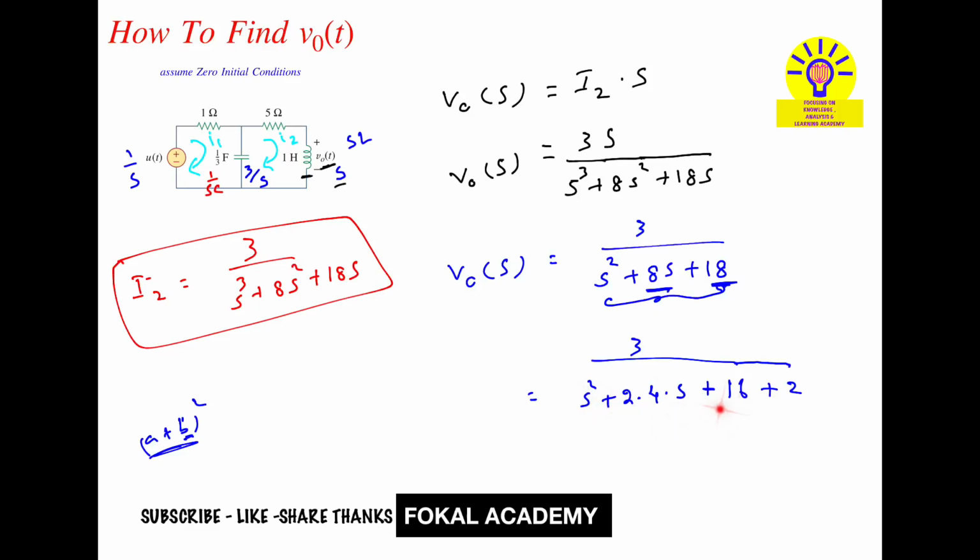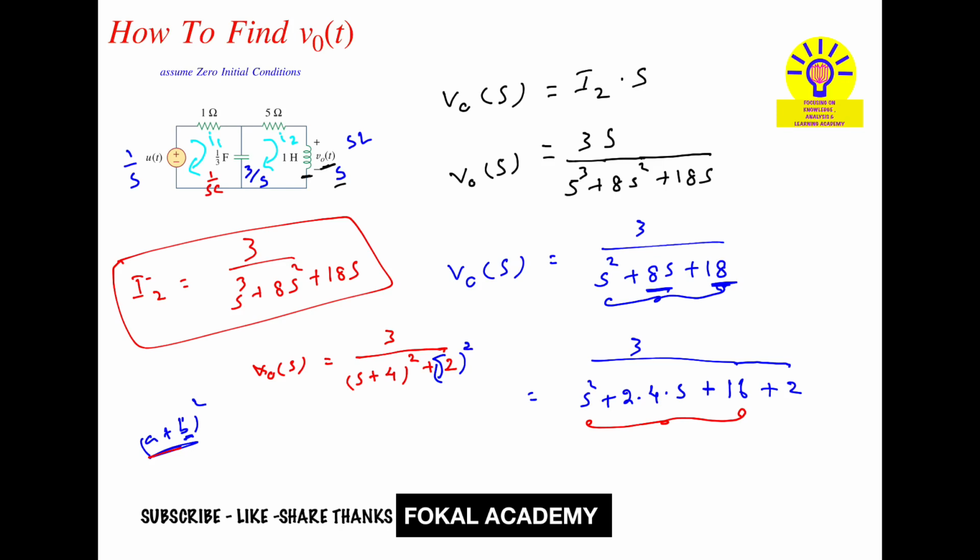Now up to here we can write this in this form. So V0 of s equal to 3 upon s plus 4 whole square plus 2. But it is not in the standard form. Convert that into standard form, then we can easily apply inverse Laplace transform. So here apply root 2 and again square, there is no change.